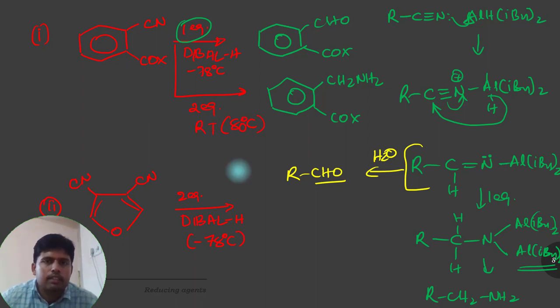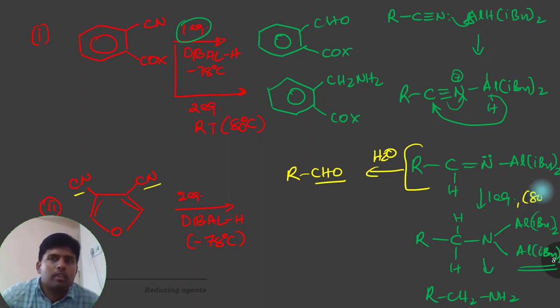Similarly, here in this reaction, we have used two equivalent, but there are two CN groups at low temperature also. So here the temperature also should be written as 80 degrees Celsius, because still here we have written the mechanism for low temperature. So low temperature means this will go in this pathway.